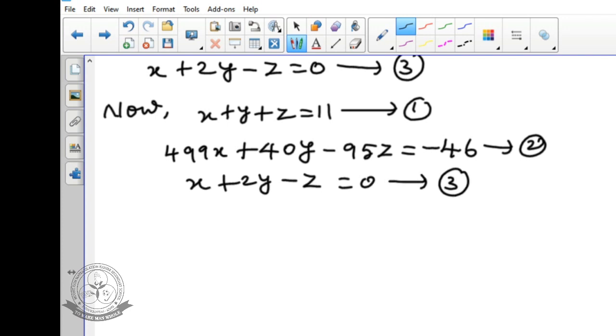You have to follow the same procedure. Select any two equations and solve them first to get a value. Next, select another two equations and solve them to get the value. See here, equations 1 and 3 are very easy to solve. The equation number 1 is x plus y plus z equals 11.